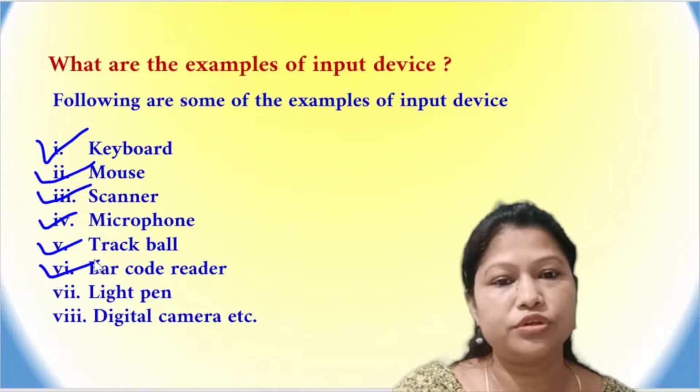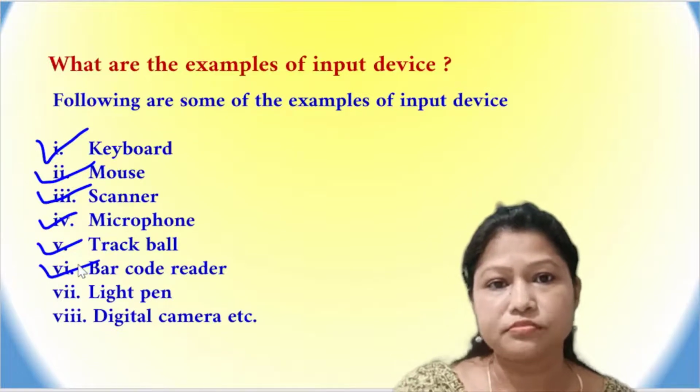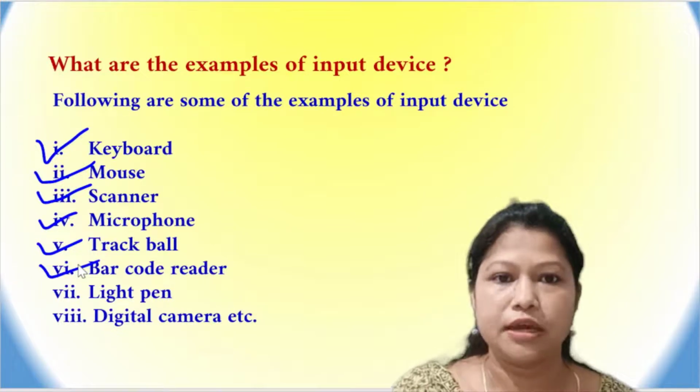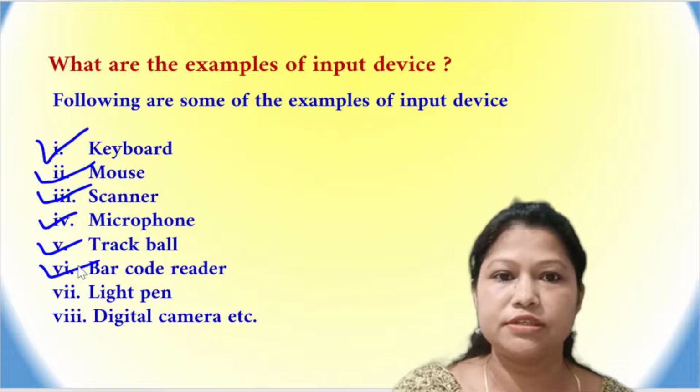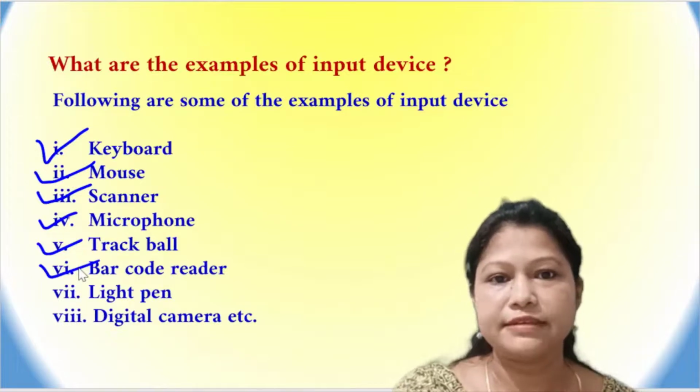Next is the barcode reader, another example of an input device, used to read or scan the barcodes available on a product. In the barcode we get detailed information about the product: the manufacturing date, the cost, the expiry date, everything. For reading that barcode, we use a special device known as a barcode reader.